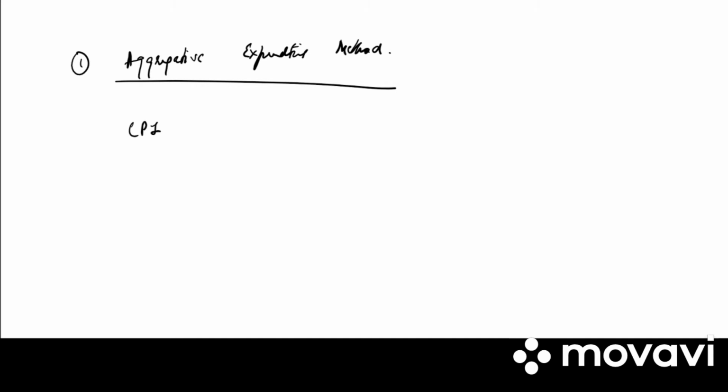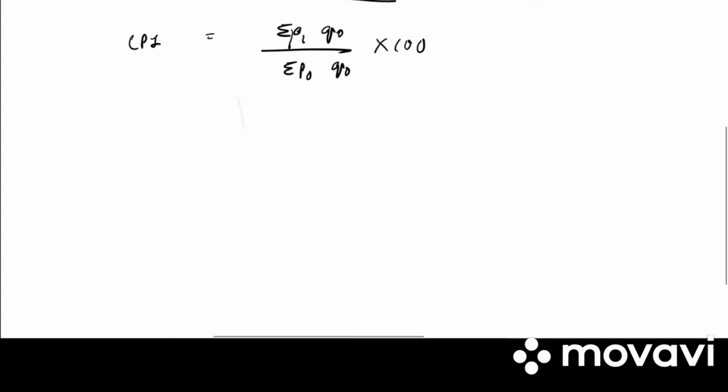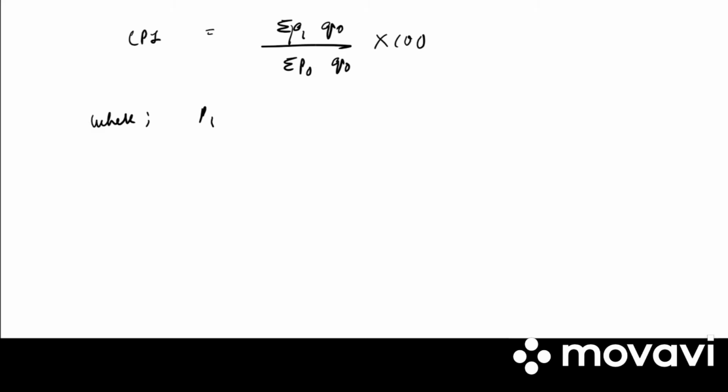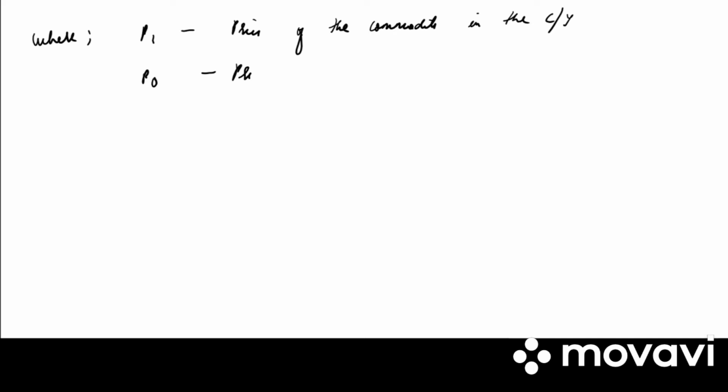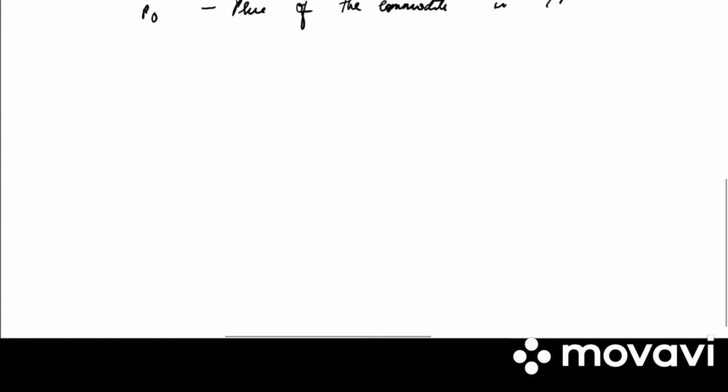So in this, the consumer price index is calculated as summation P1 Q0 divided by summation P0 Q0 into 100, where P1 is the price of the commodities in the current year, P0 is the price of the commodities in the base year, Q0 will be the quantity consumed in the base year.